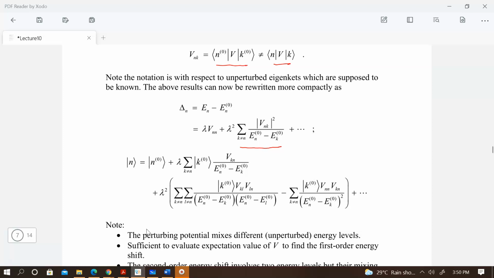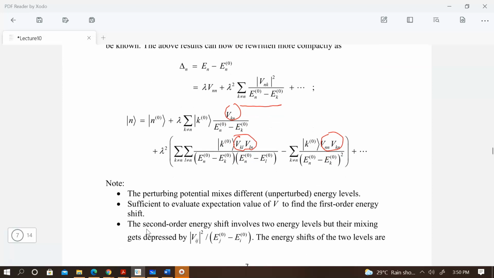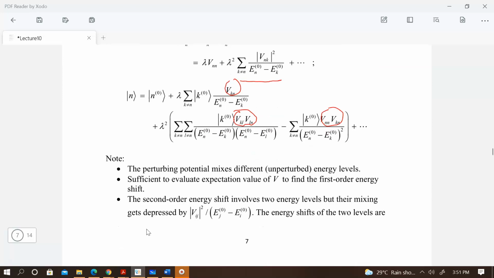And so on and so forth for higher order terms. Similarly, we can do this for the perturbed state. Everything is now re-expressed in terms of this V_kn. The higher order terms will have something like this. I think that's what you need to solve the perturbed case in the general case.